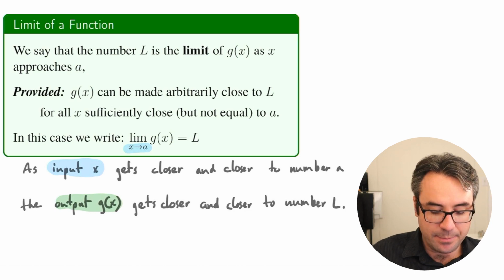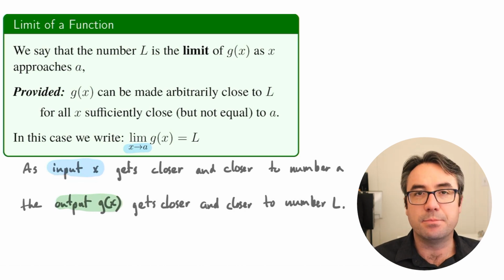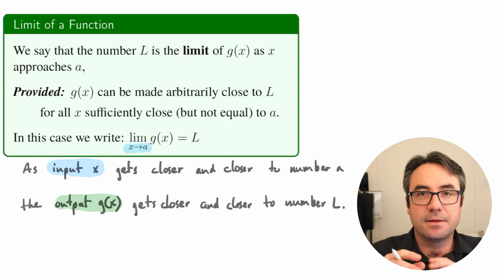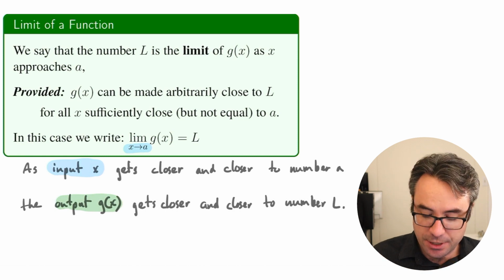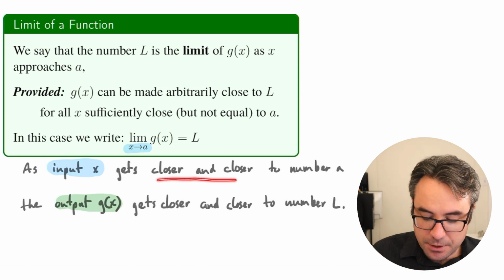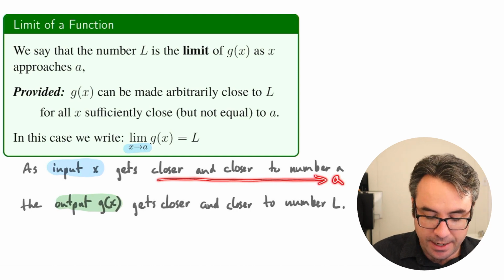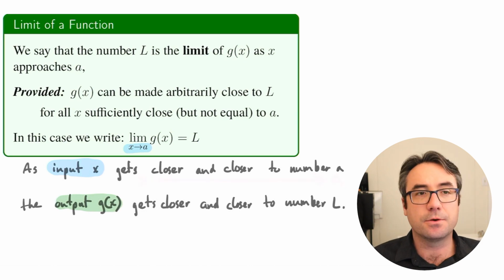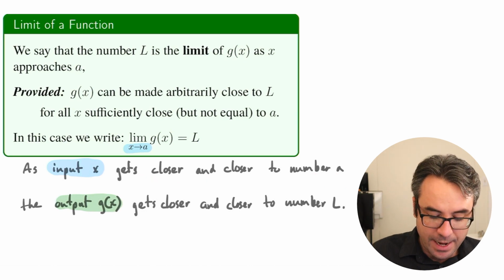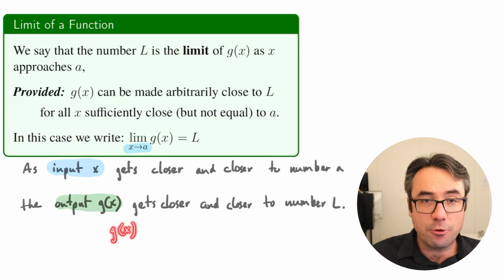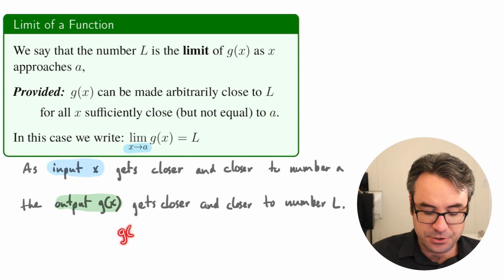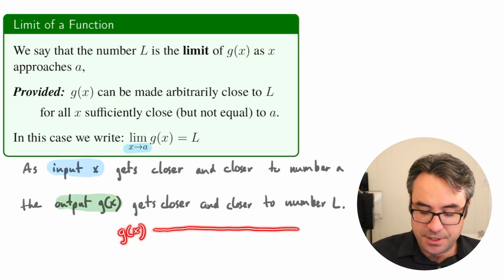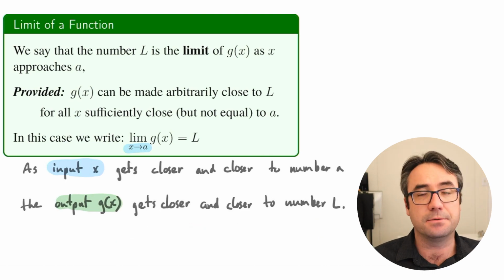It's measuring what happens if I let my inputs get closer and closer to this number a. The outputs, g of x, get closer and closer to the number L. That's really what this limit is going to do.